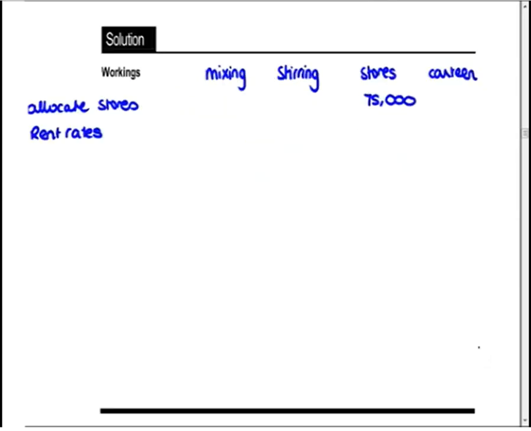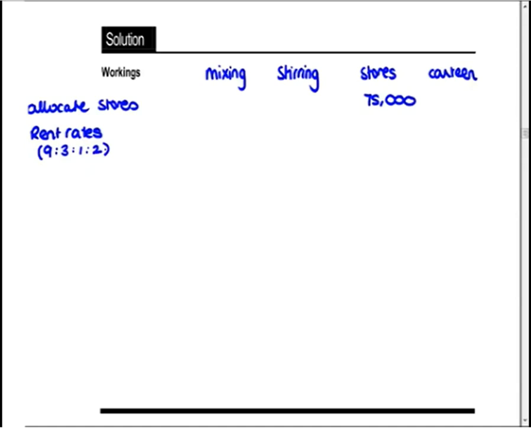The rent and rates then are going to be allocated on the basis of floor area. 9,000 is going to be allocated to mixing. 3,000 square metres is the stirring department, 1,000 the stores, and 2,000 the canteen. So what we've got then is 15,000 in total.